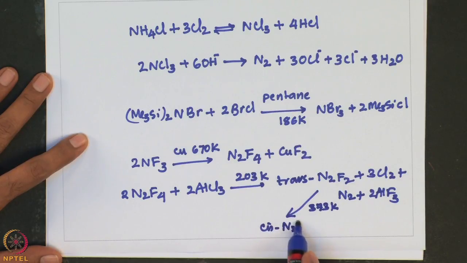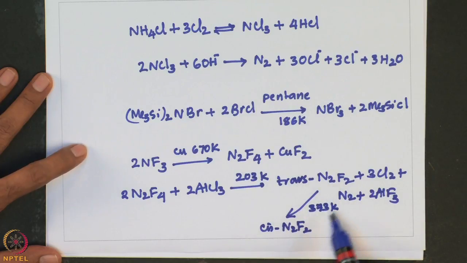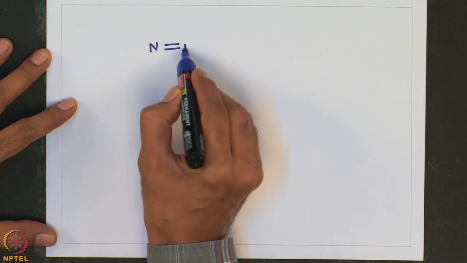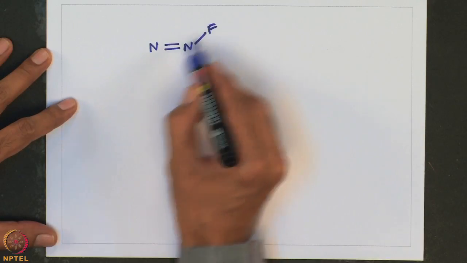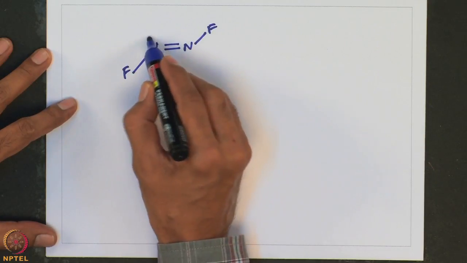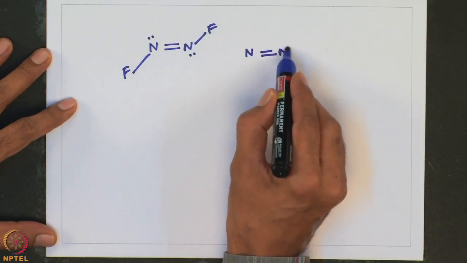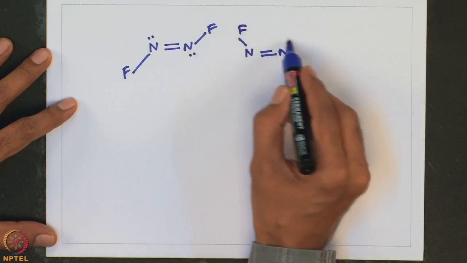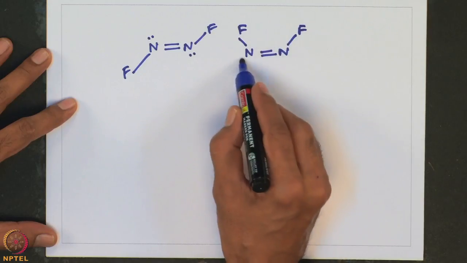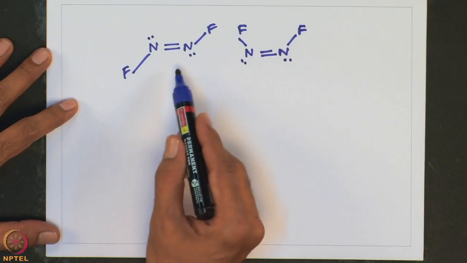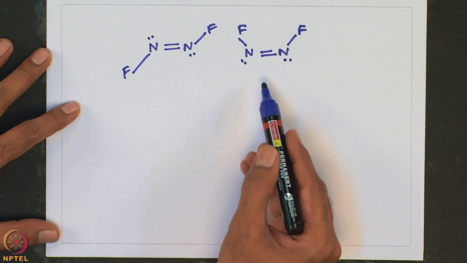That means, one can perform isomerization by heating the trans one to 273 Kelvin to form a cis compound. Of course, one should be able to distinguish this as trans and this as cis.